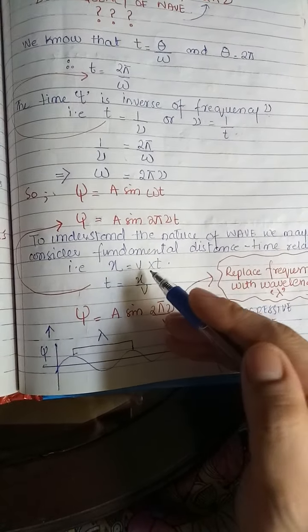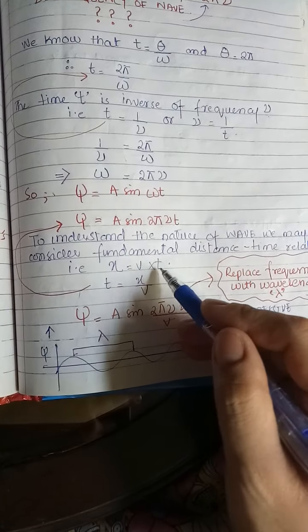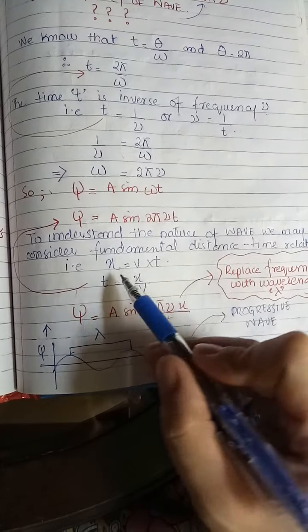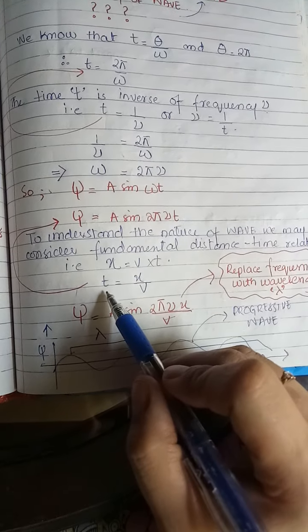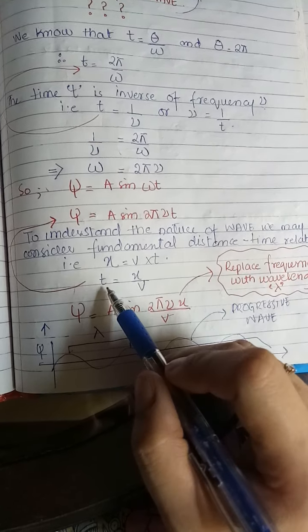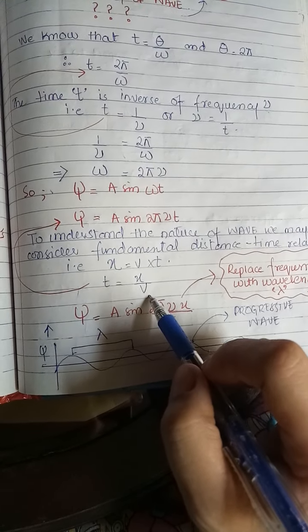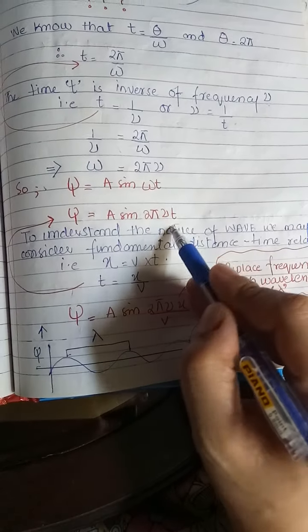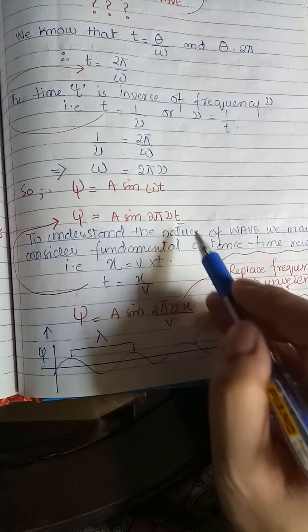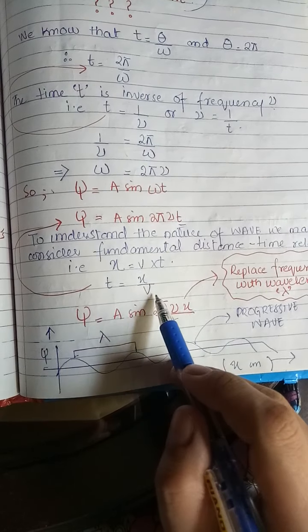Any time taken, multiplied by the velocity of that body, gives the distance. So from this equation, if we evaluate the t value, t will be equal to x over v.